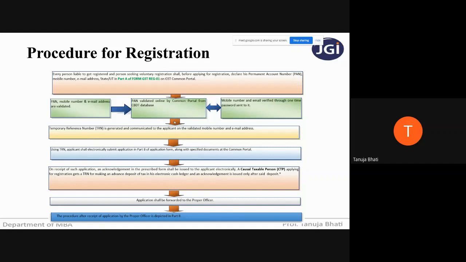Once the system has received the application, it will give an acknowledgement to the applicant stating that your application has been received, and the system will forward the application to the proper officer. Now let us see what the proper officer will do with the application.